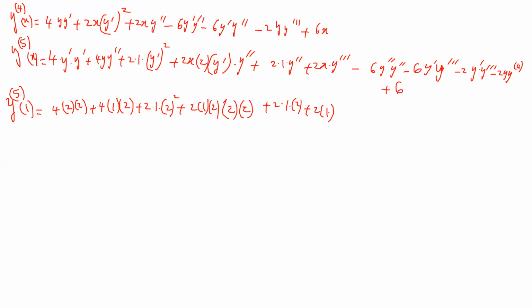x is 1. y''' is -4. Minus 6 times y'', which is 2, but you put it twice. y' is 2. y''' is -4, minus 2.